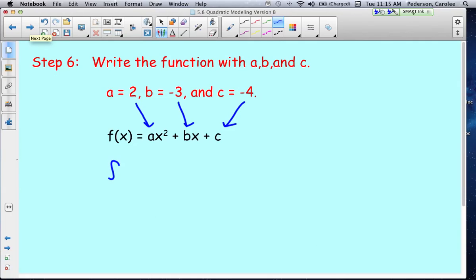So now my quadratic function, remember this was a parabola, is 2x squared minus 3x minus 4. We could go out and graph that parabola if we wanted to and show that those 3 ordered pairs would fall on that quadratic function, that parabola.